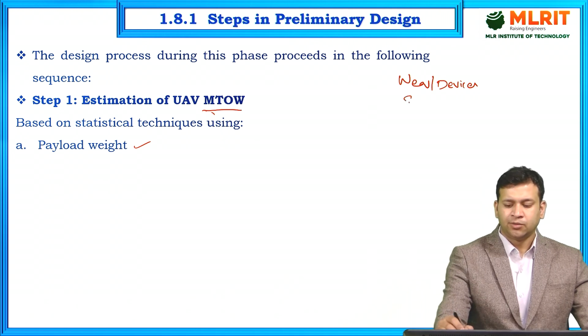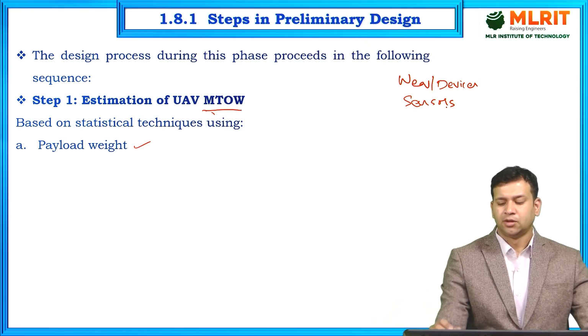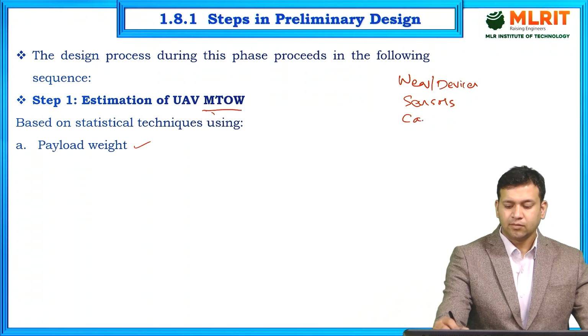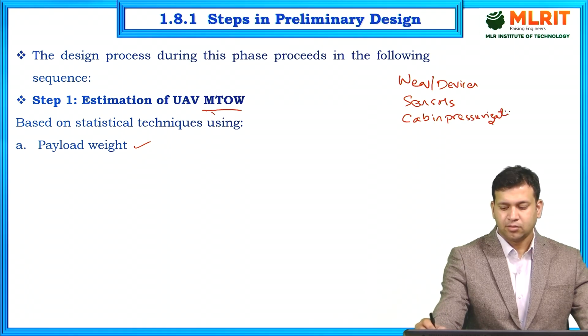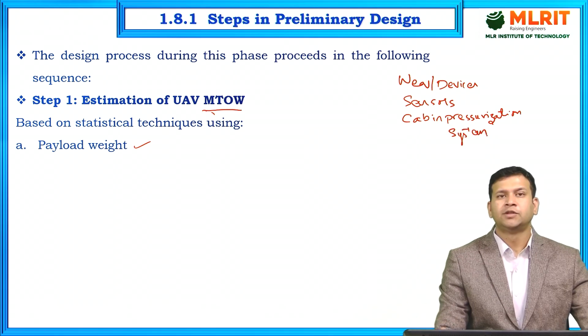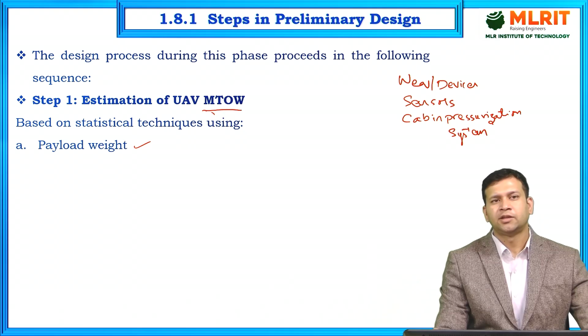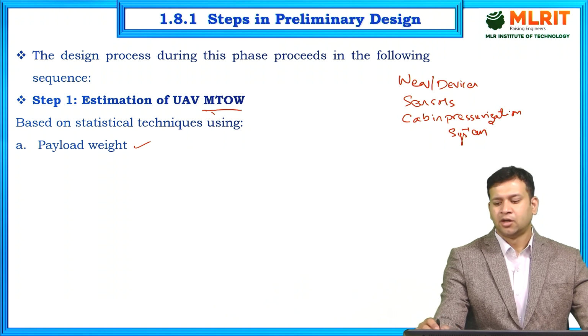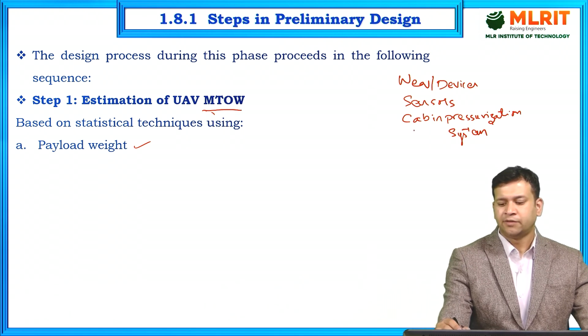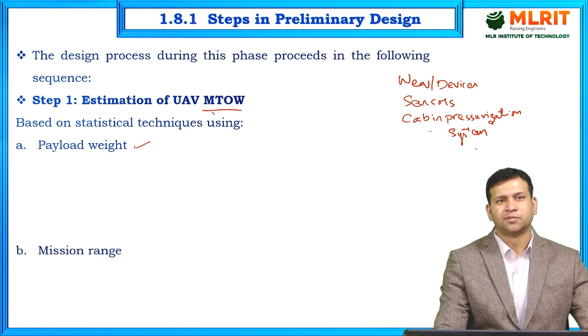It will also include sensors and the cabin pressurization system, which will ensure the sensors and the devices which are constantly being used will not overheat. It will ensure that temperatures are maintained at normal levels. So for that we need cabin pressurization systems.